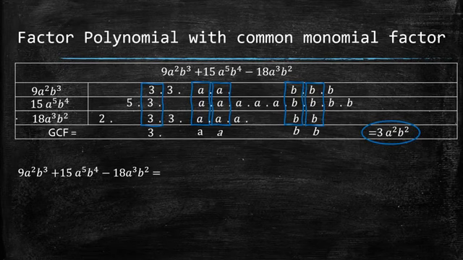And you write it down next. Then, open parenthesis. Then, pangitaon na nato ang mga nabilin. So, sa first term, ang nabilin is 3 and b. So, that is equal to 3b.